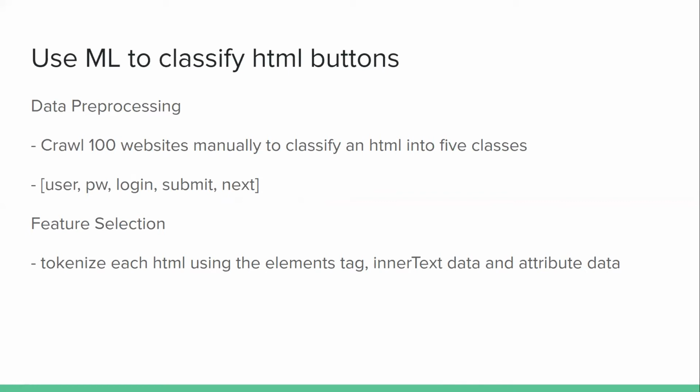So we decided to decrease the number of features used inside each model. If you look at each HTML element, the features are the element tags, for example, input or A tags, the inner text data, for example, login, submit, and the attributes data, which contains the values or perhaps some hidden fields inside the HTML.